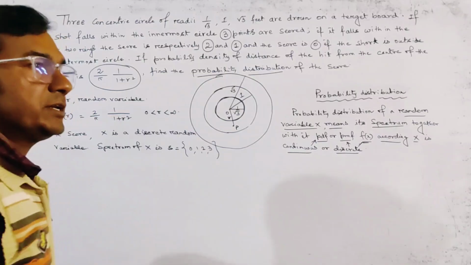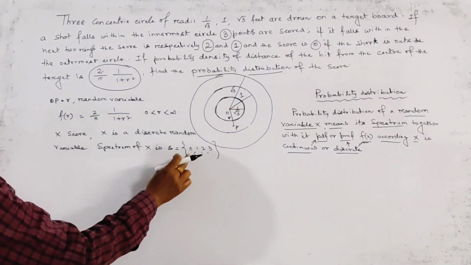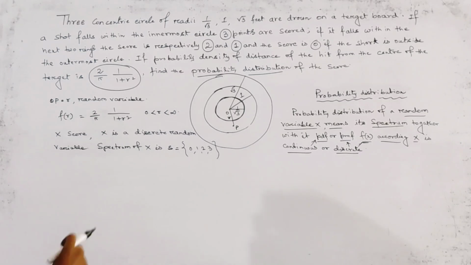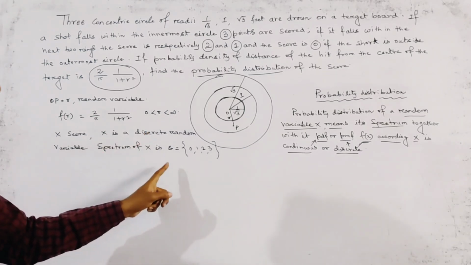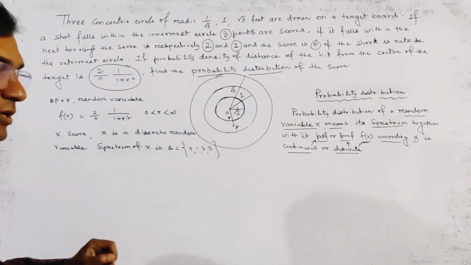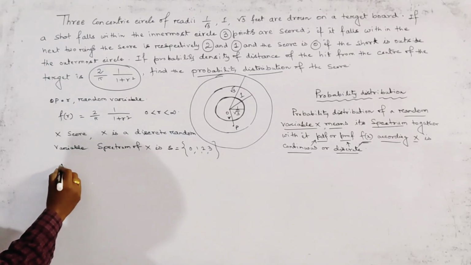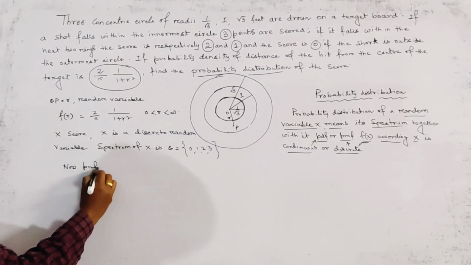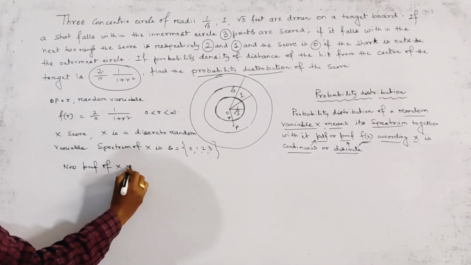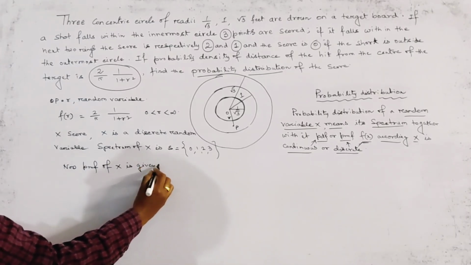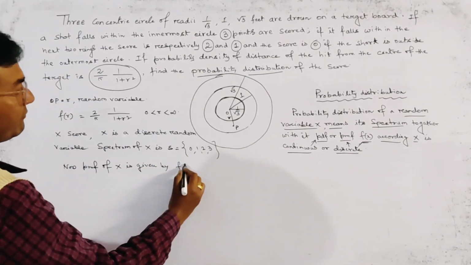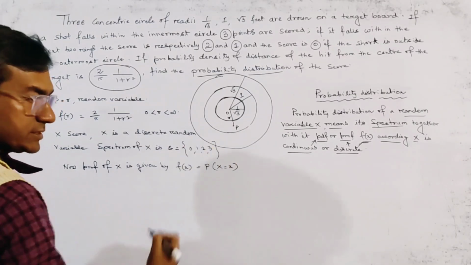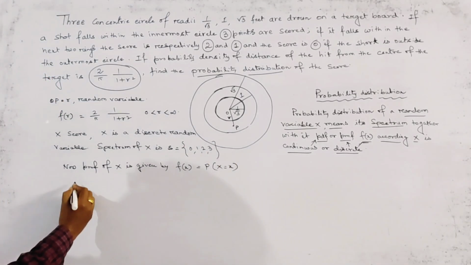Okay, this is the probability distribution. So the first part we already gave here, this is the spectrum of the random variable. Now we have to find the PMF. So the definition of PMF: PMF of capital X is given by fx, which is probability of X equal to x.